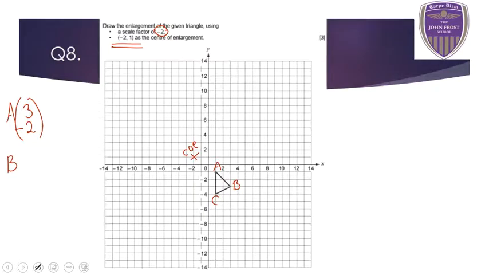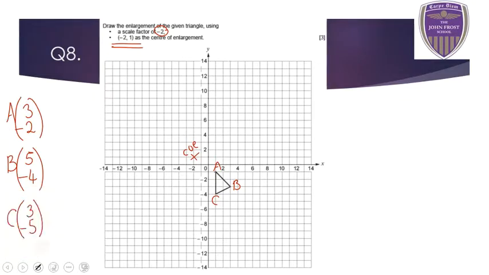I've got to go 1, 2, 3, 4, 5 across, 1, 2, 3, 4 down. So that would be 5, minus 4. How do I get to C? I'd have to go 1, 2, 3, then 1, 2, 3, 4, 5 down. So that would be 3, minus 5. So that's from the centre of enlargement to the original shape.